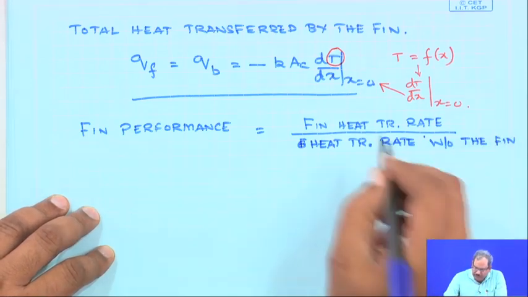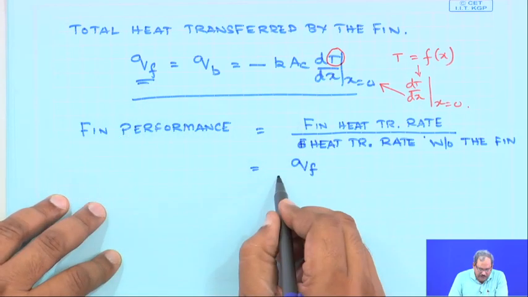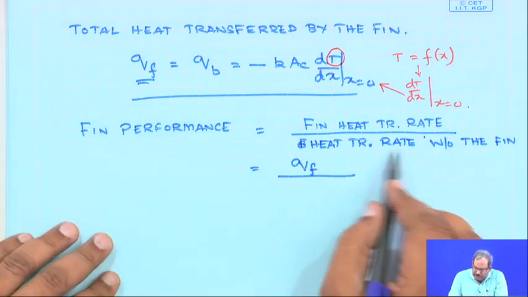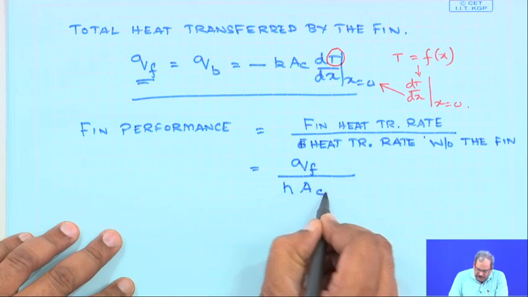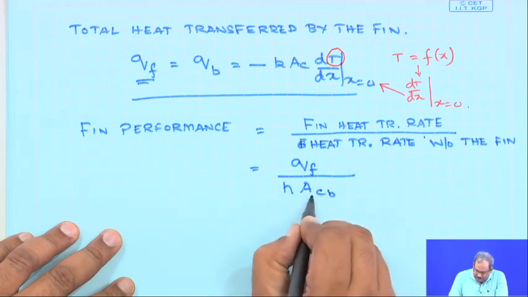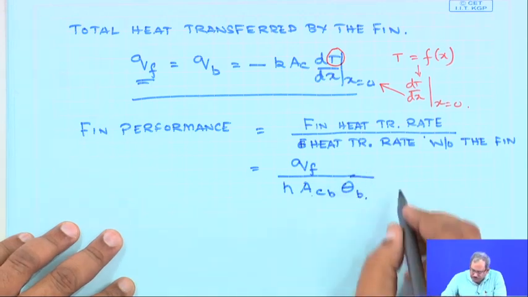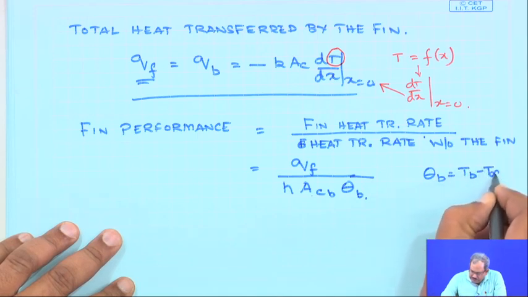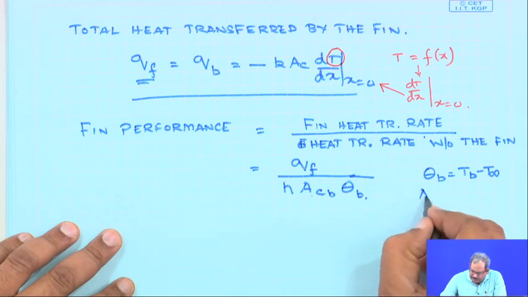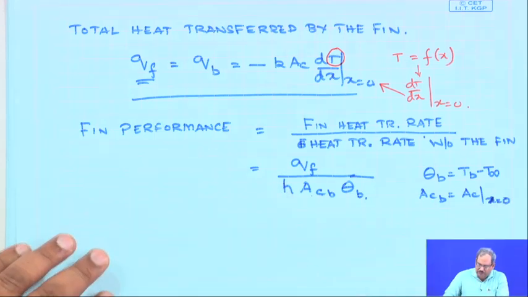The heat transfer rate when you have the fin is QF, divided by the heat transfer rate without the fin. It should be h, the cross sectional area at the base AC, times theta at the base. Theta b is nothing but Tb minus T infinity. ACB is nothing but AC at x equals 0, and h is the heat transfer coefficient.